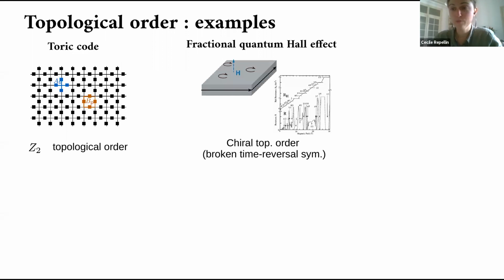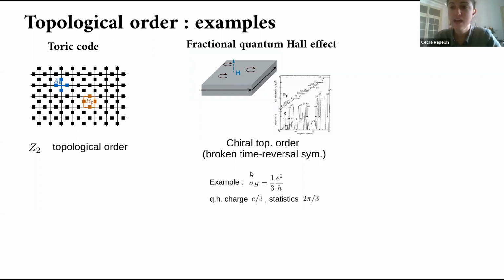Another example, which is maybe more physical, or at least observed in the context of solid state systems, is the fractional quantum Hall effect, obtained when you have a large magnetic field in 2D and where you can see a quantization of the Hall conductivity. In this case, you have a breaking of time reversal symmetry. It's in any case explicitly broken by the magnetic field.